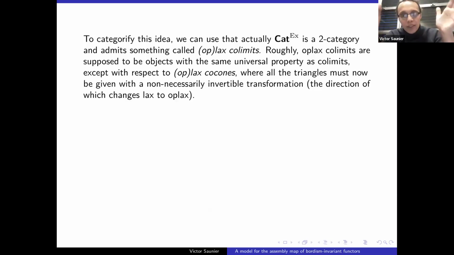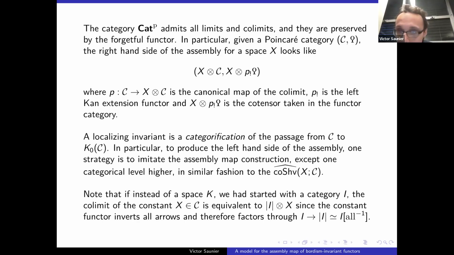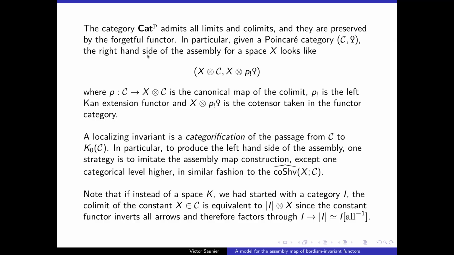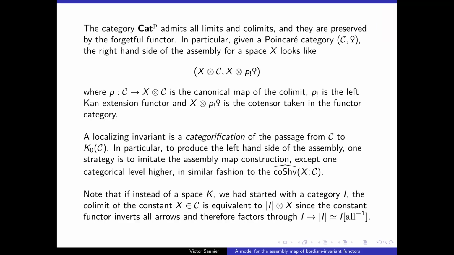But let me instead explain what doesn't work, which is, can I ask a question? Yes. Hi, I wanted to ask a question. Can you go to the previous slide? Yes. This Cauchy hat thing, this is what you said was in that unpublished work of Bartels, Efimov, and Nikolaus, right? Yes. But if it is unpublished, how do we know what the construction was exactly?